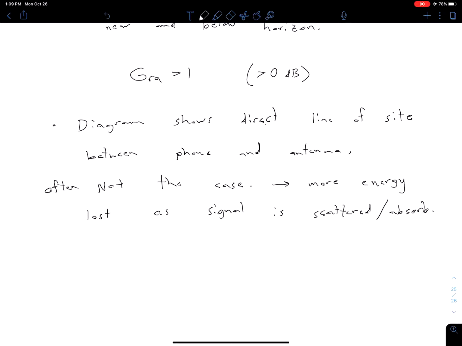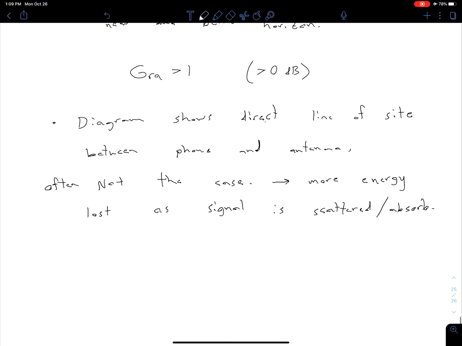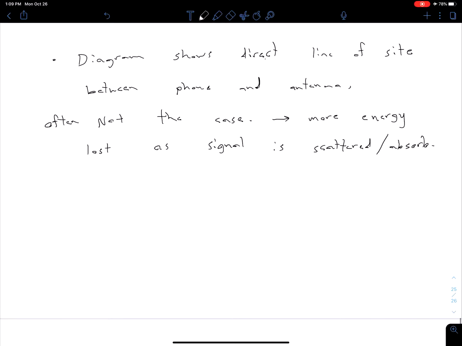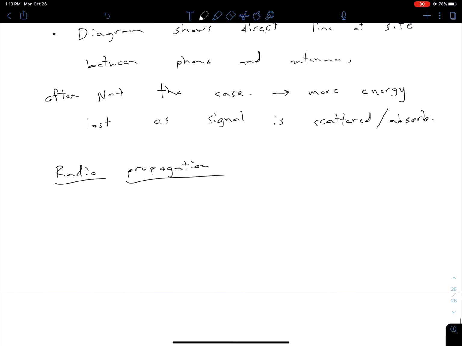If we really wanted to understand these losses, we'd have to look into something called radio propagation. But that's an entirely different thing. With this unit, a lot of what we're doing is just introducing these ideas. But if we wanted to know better about this, we could study radio propagation and determine more approximately what these losses are.